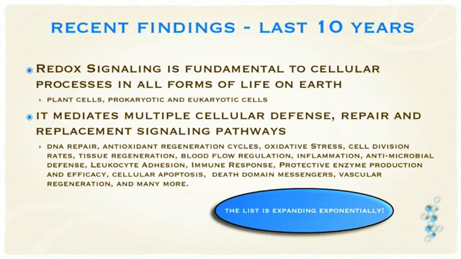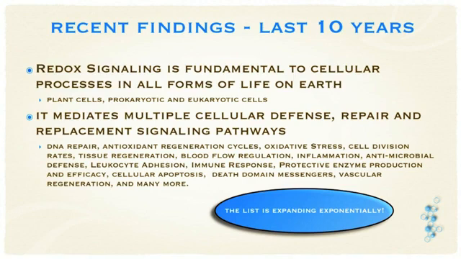In the last 10 years, there have been some astonishing findings in this field of redox signaling. This fundamental cellular process is involved in every single form of life. And many of the mechanisms involved in maintaining life involve redox signaling.